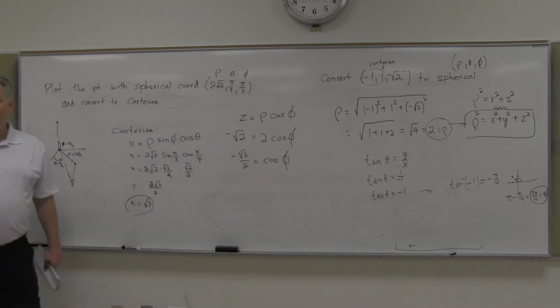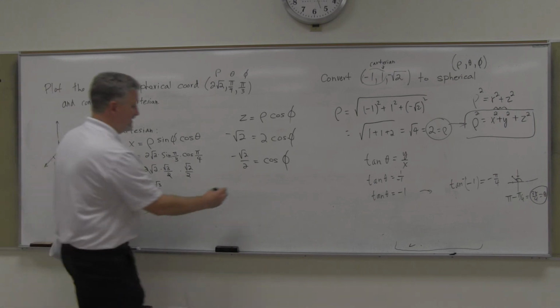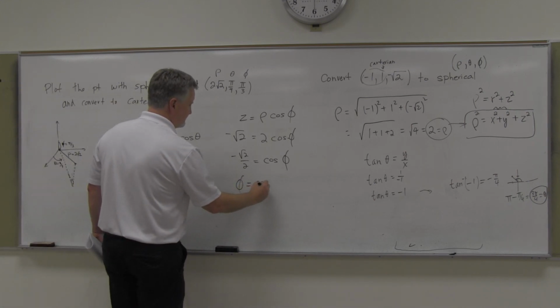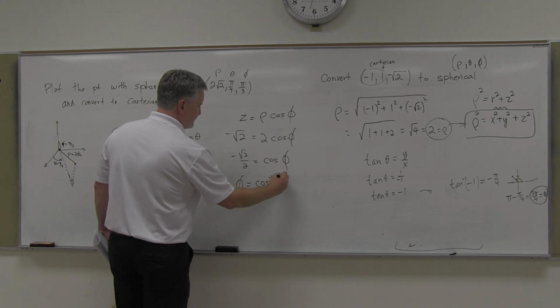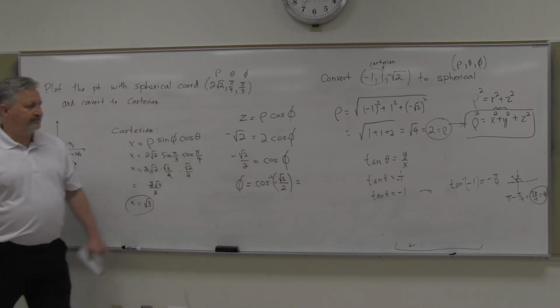And the good news on this, remember, phi goes from 0 to pi. Cosine inverse does the same. And so we can say phi is cosine inverse of negative square root of 2 over 2, because they have the same parameters.